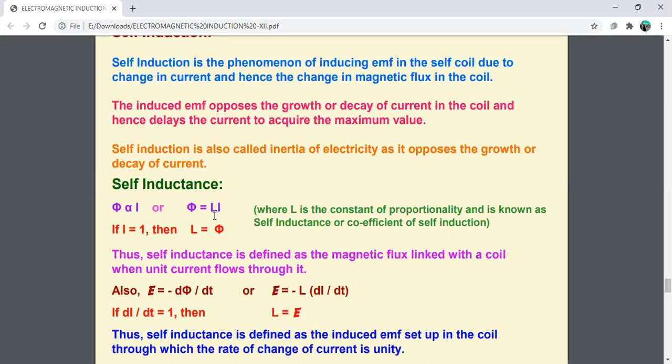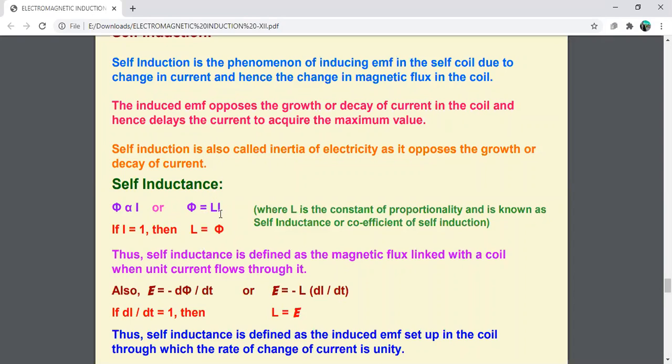So self-inductance is defined as the magnetic flux linked with the coil when unit current flows through the coil. So you see here L is the proportionality constant and is known as self-inductance or simply coefficient of self-induction. Now what about its definition?